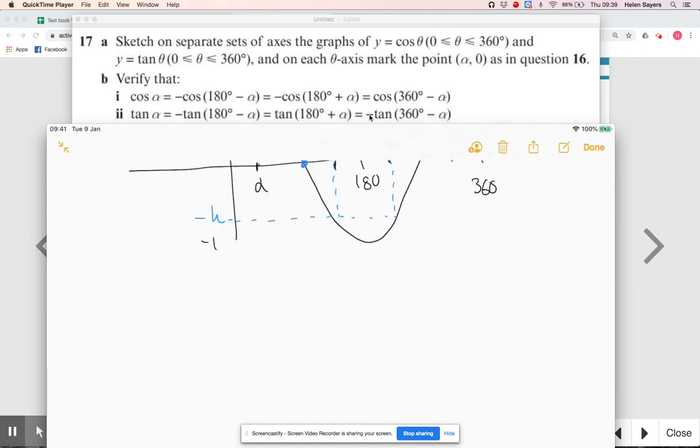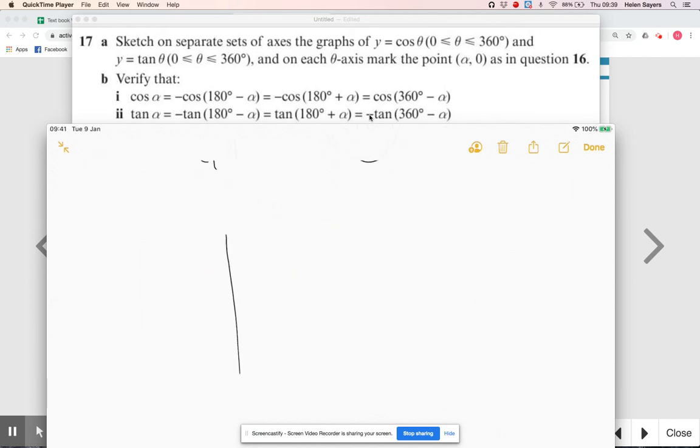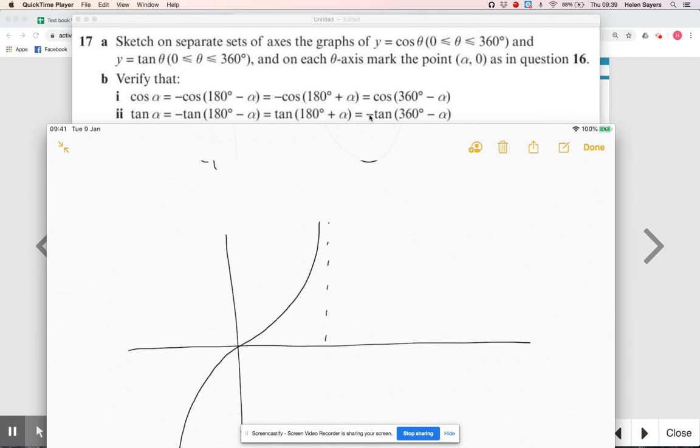So let's just check that we agree that whatever they say about tan does work. A relatively neat sketch of tan. I need to go a little bit further, don't I? I'm going up to 360, okay.